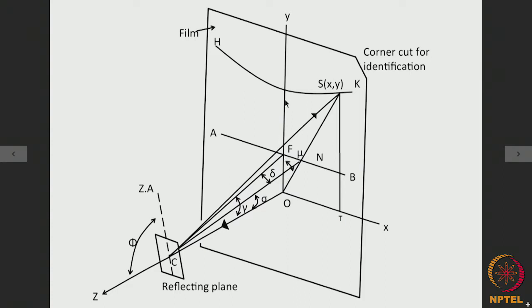Now, let us draw a perpendicular from S on OX, which is T, and what we will find now is, knowing the x and y coordinates of the spot S and the value D from the specimen to film distance, we can find out the angular parameters for our plane normal here.